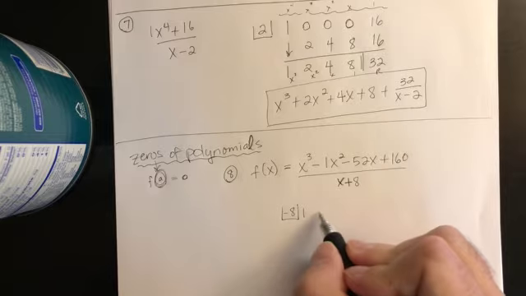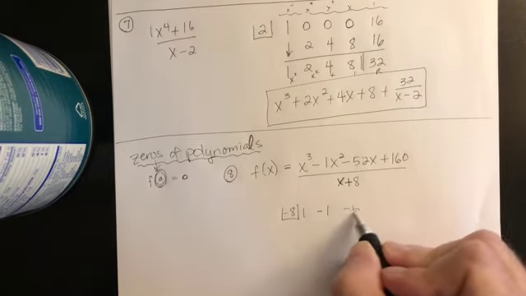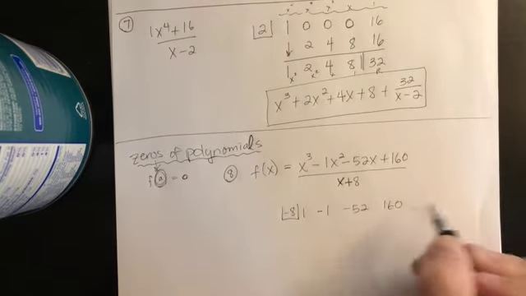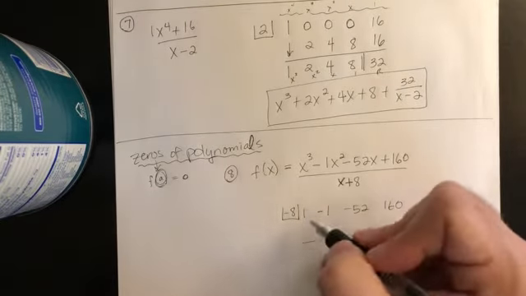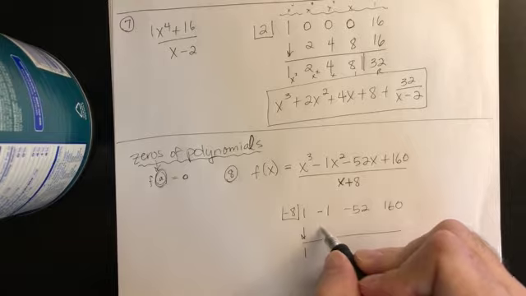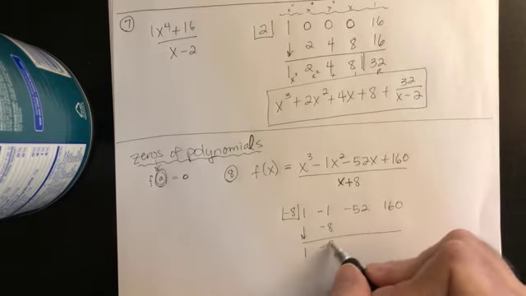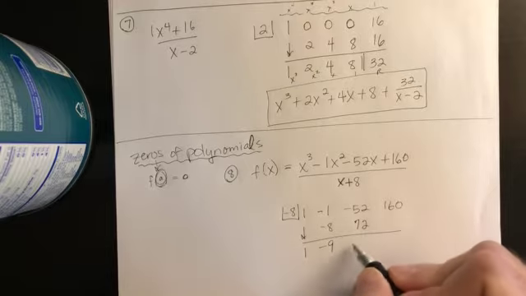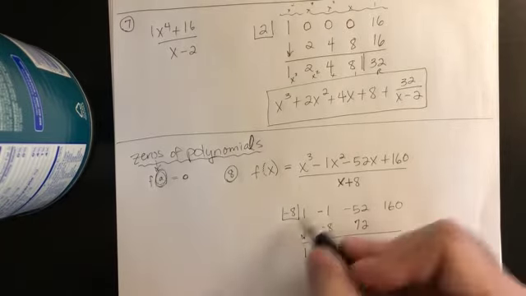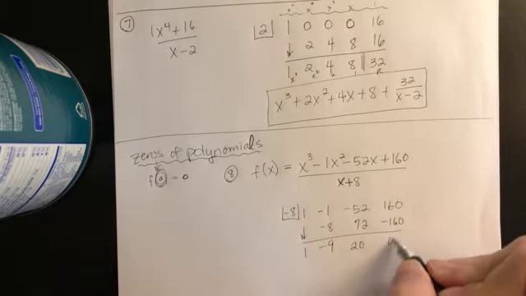Because, watch, do synthetic division with this. Is that right? Okay. And then bring down the 1, -8. Add, because there's the same sign, get -9. Multiply, you get positive 72. Then 20 when you subtract. And that gives you -160, and that gives you 0.